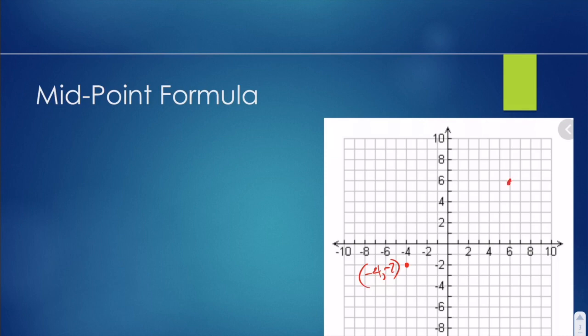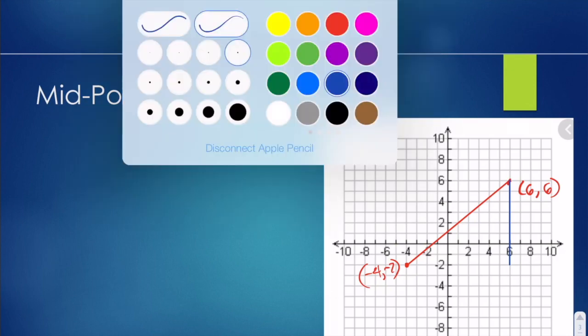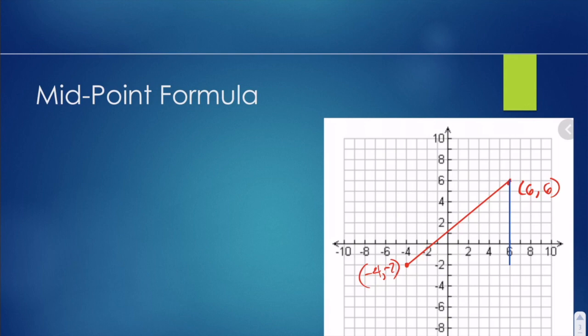We have those 2 points right there, and we want to find that point which is right in between. So this has the coordinates 6, 6. What I want you to understand is that as we're looking at this, we're looking at a vertical component. If you look at the vertical component, it's that long. And if we look at the horizontal component, it is this long right here.